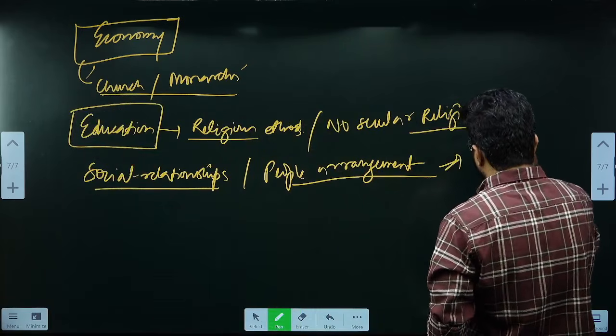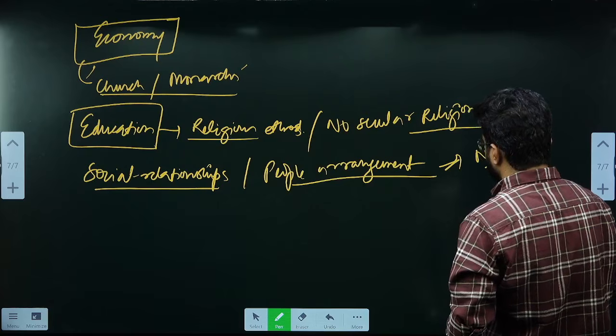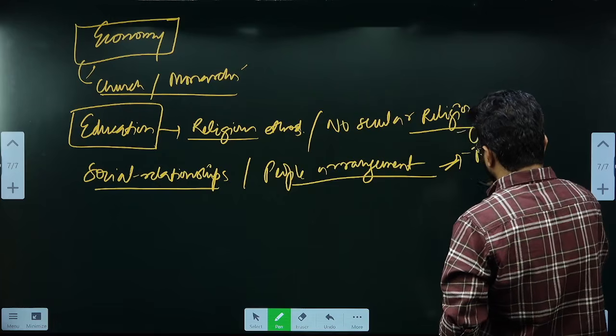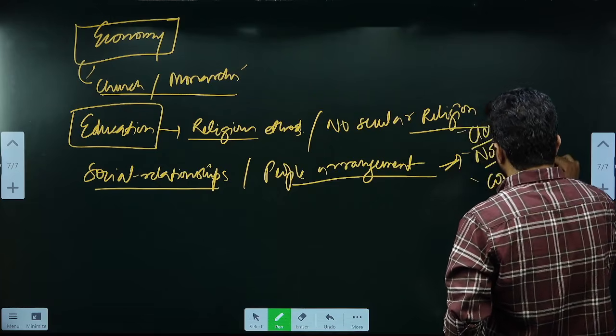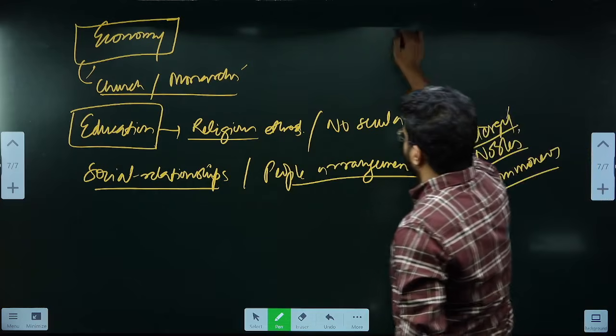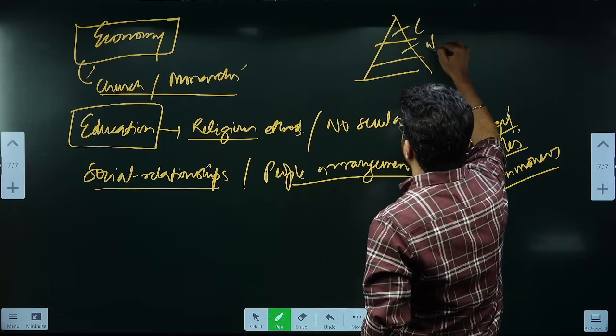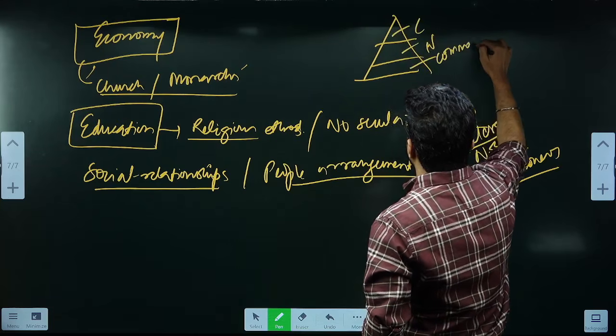There were clergy first, then nobles, and then the commoners. A three-tier strata: clergy, nobles, and common people.